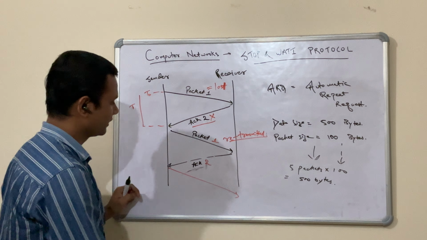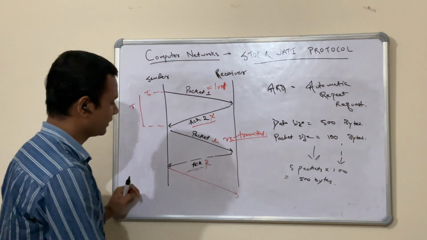So how does the stop and wait protocol handle this? Again the same thing. It just says that if I didn't get the ACK, I will retransmit. So let's say at time t1, packet 1 was retransmitted, and when the ACK was coming, it just got lost due to the same reasons.